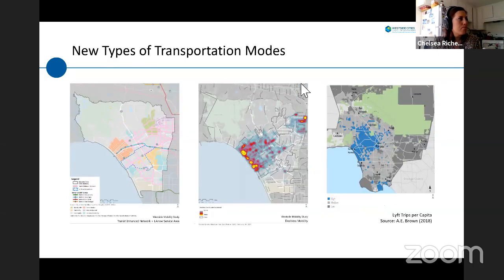Next slide. And then, as I mentioned, this study really does need to go beyond the traditional transportation mode considerations. So what we've also included is a look at, first on the left, all the way to the left, future transit enhanced network corridors. So this is based on any city that has established a future facing priority for transit corridors as part of their circulation element.